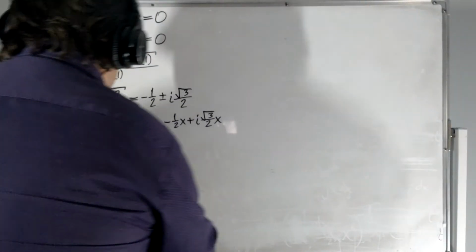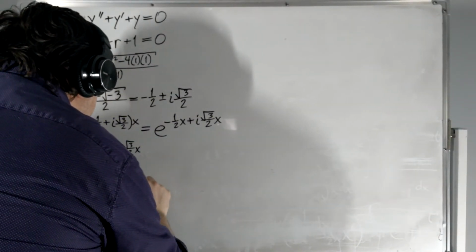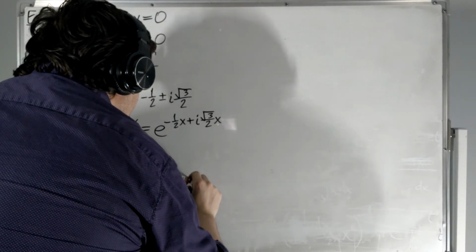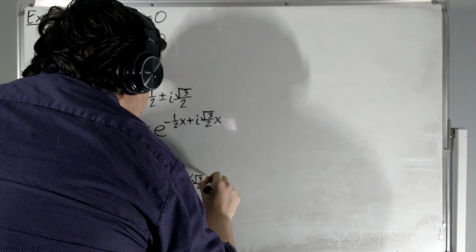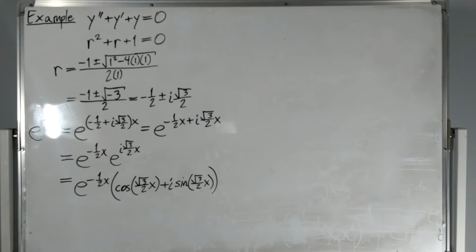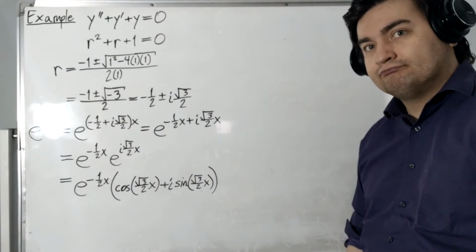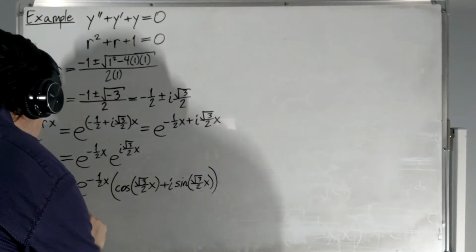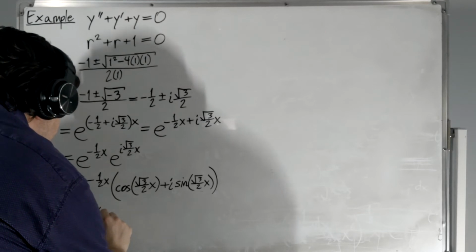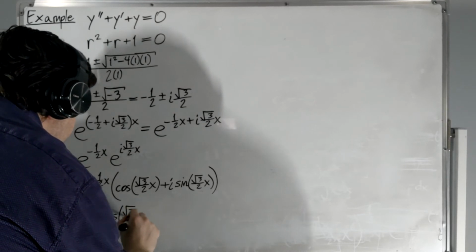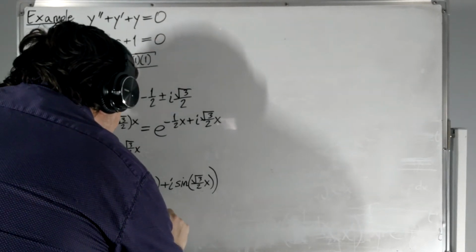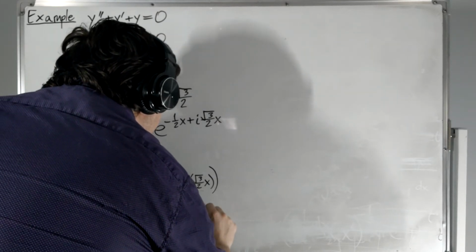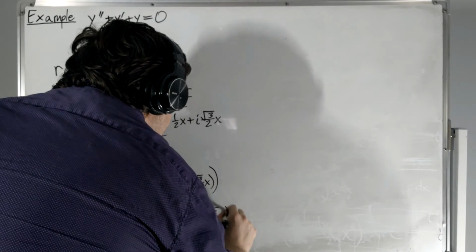So this is going to be cosine of root 3 over 2 x plus i times the sine of root 3 over 2 x. Distribute that, and what you get is e to the negative 1/2 x times cosine of root 3 over 2 times x plus i times e to the negative 1/2 x sine of root 3 over 2 times x.